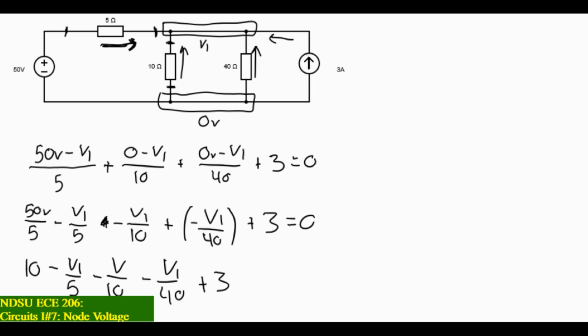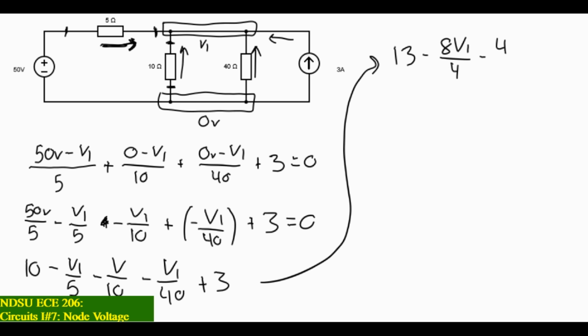Let's move up here. I'm going to jump a little bit. 13 minus 8 V1 over 40 minus 4 V1 over 40 minus V1 over 40 equals 0.